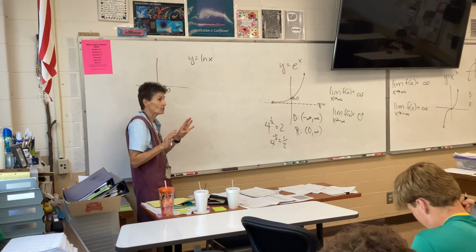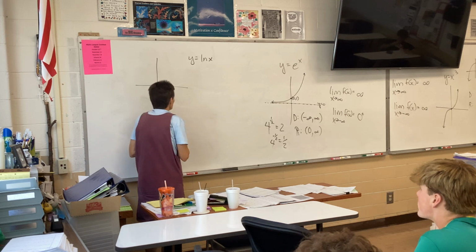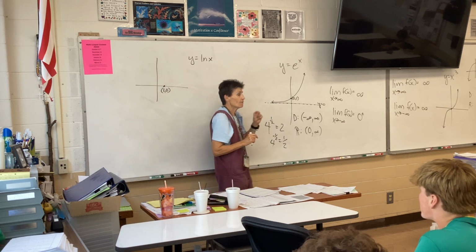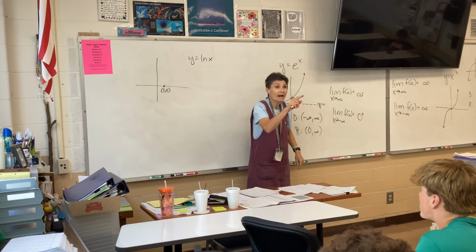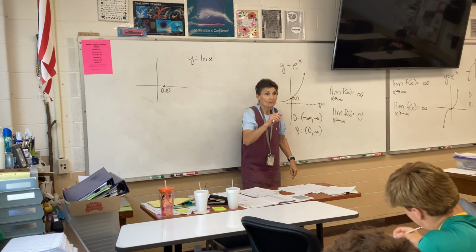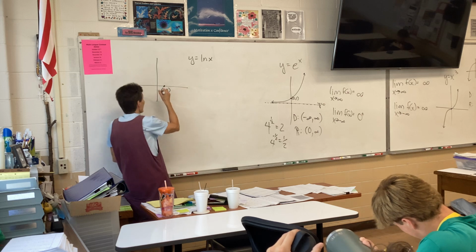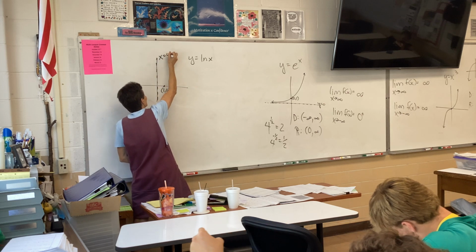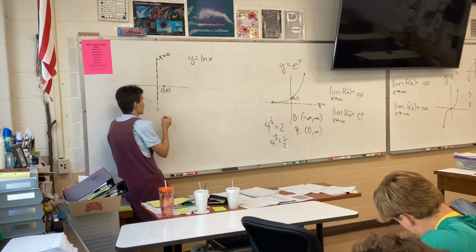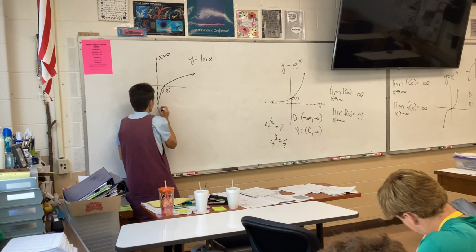You don't necessarily need to know that right now, but that is the case. So if the exponential has an asymptote at y equals 0, the logarithm is going to have an asymptote at x equals 0. And it's going to look like this.